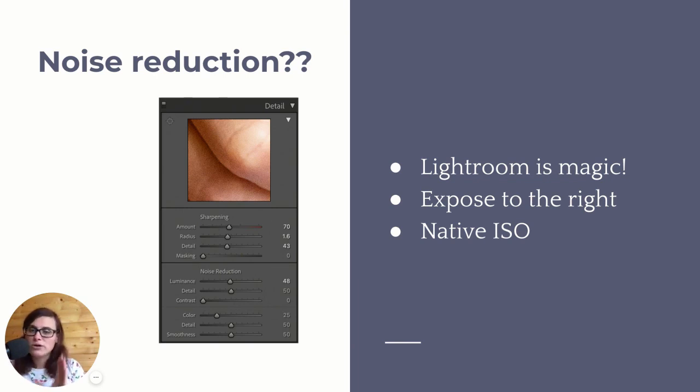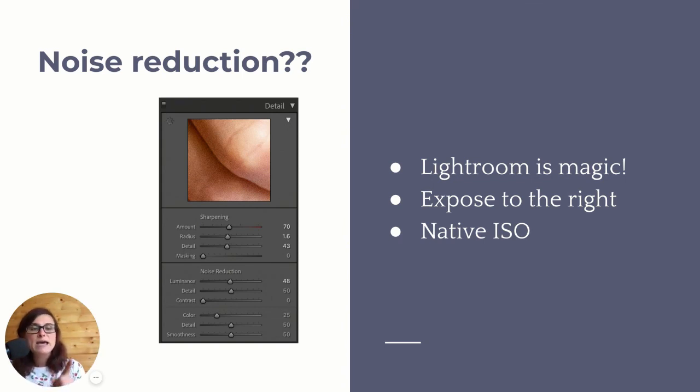So in order to recover as much noise as possible, if you're forced to shoot with high ISO, always overexpose your images a little bit. Not much, otherwise you end up burning and clipping your highlights, but try and expose towards the right of the histogram.